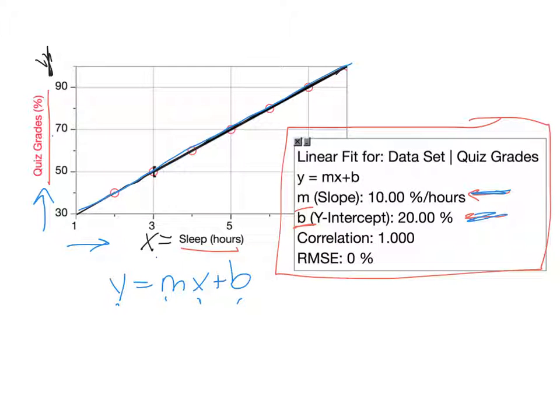So let's do that. So our y is quiz grades equals our m, and here our m is 10% over hours.